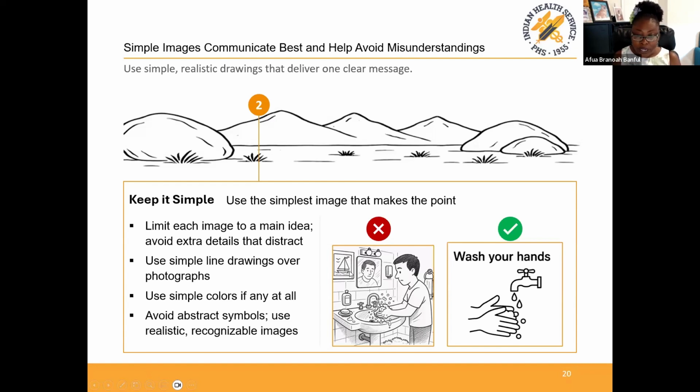Tidy your bathroom, or somebody loves the beach. When you look at this picture, it's unclear what the message is, right? So this one is doing a couple of things, right? One simple message, simple line drawings, then text with the picture, okay? This one has too much room to be misconstrued.